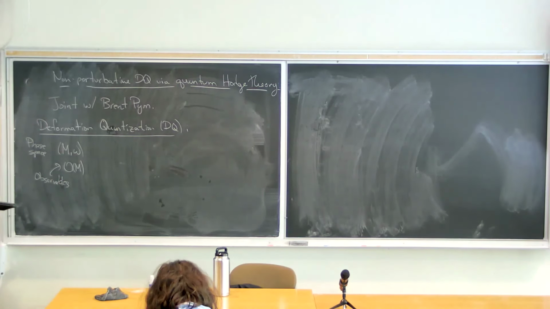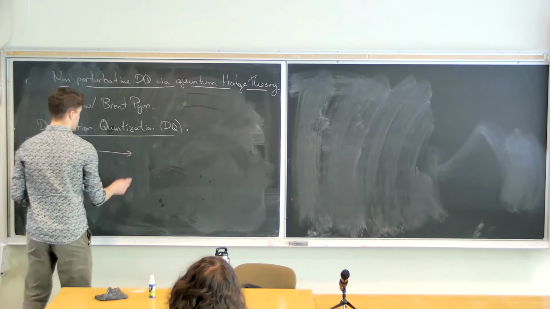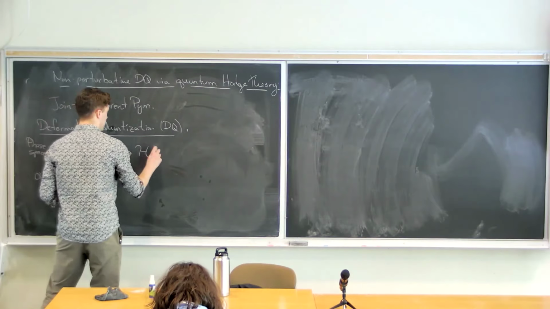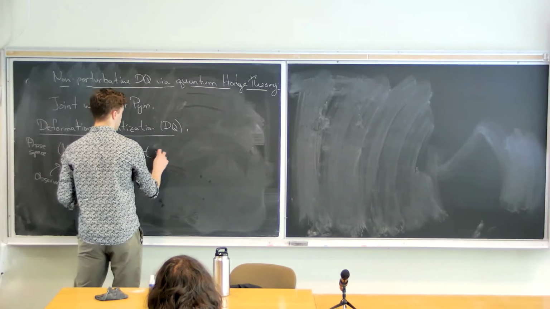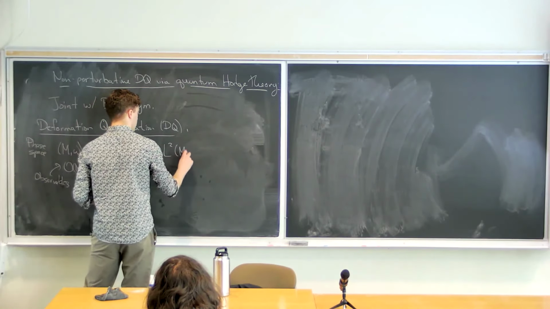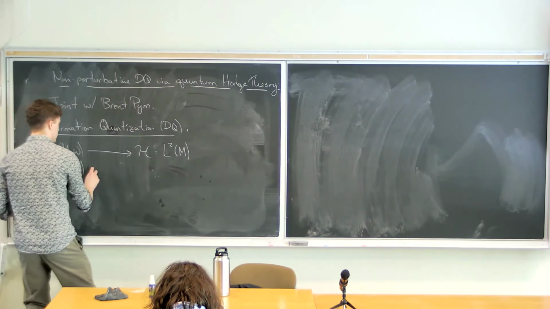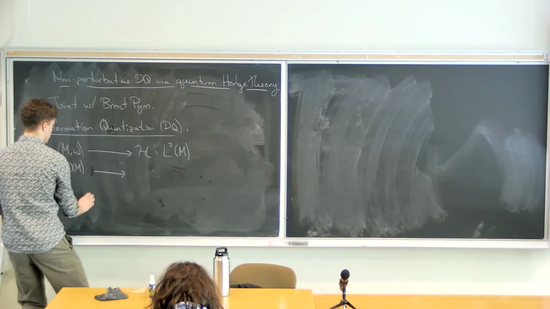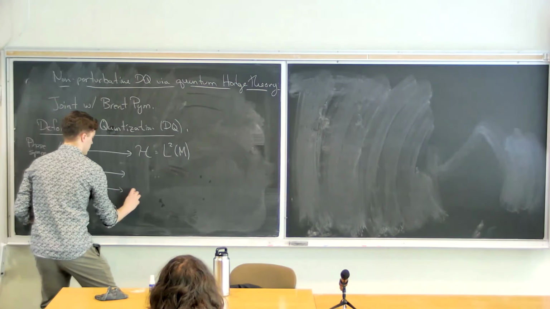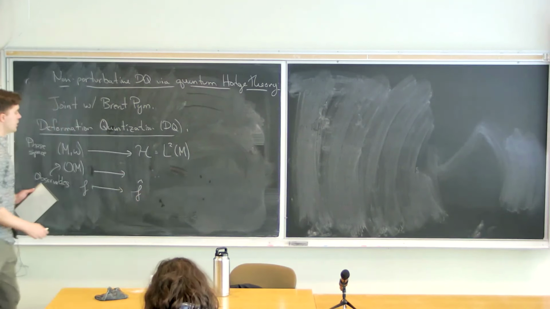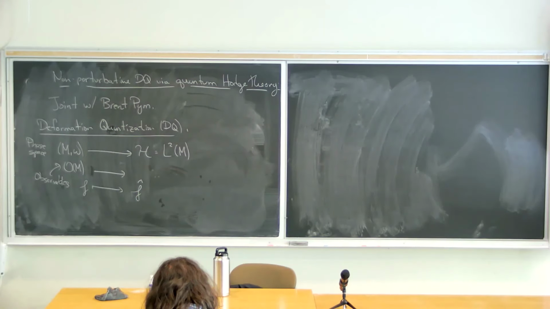And typically when you talk about some sort of quantization procedure, what you would like to do is replace this with some Hilbert space. Maybe in this case, you take L2 functions on M, say M is compact. And you'd want to promote each function to some operator on this space.